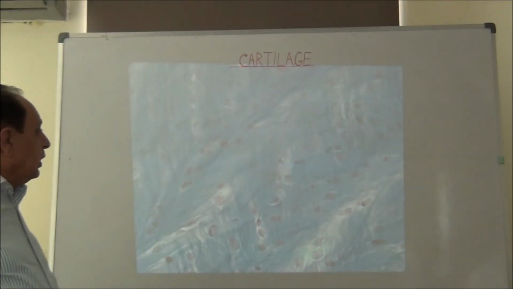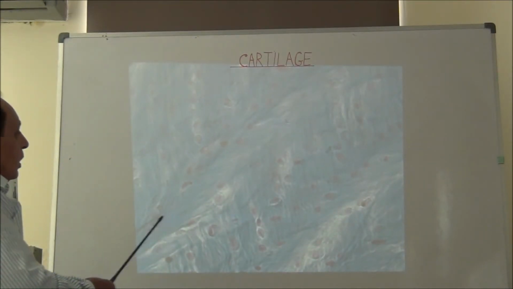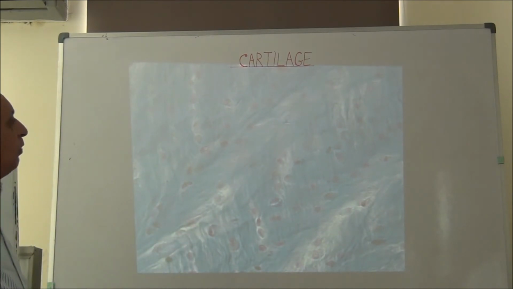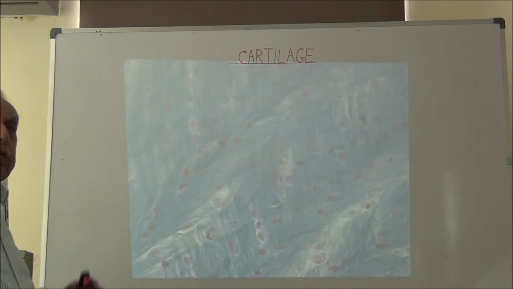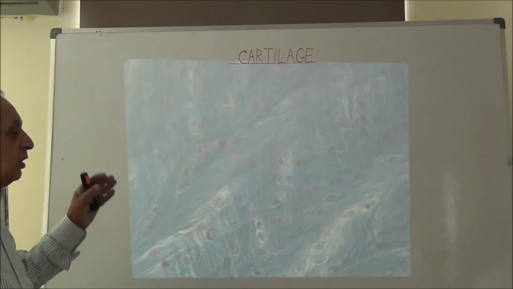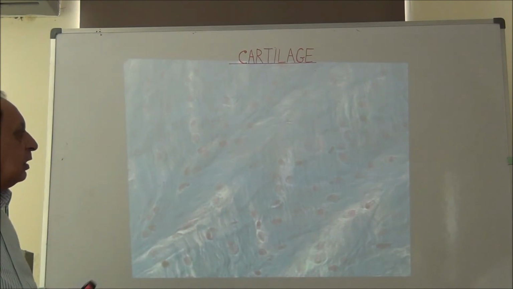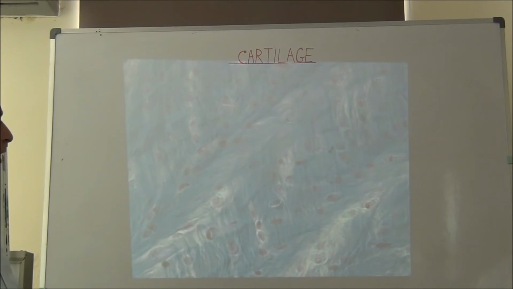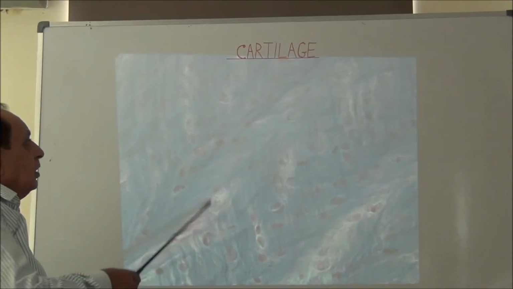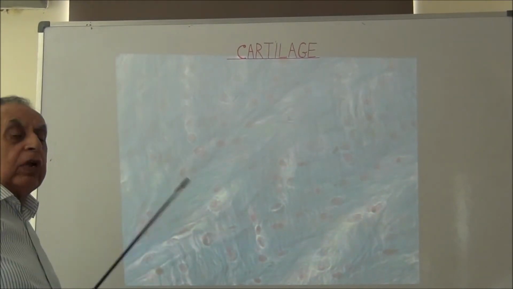Now, next one is the fibrocartilage, the last one. Now, this type of cartilage also contains cells and fibers. But here, these fibers are the collagen fibers.